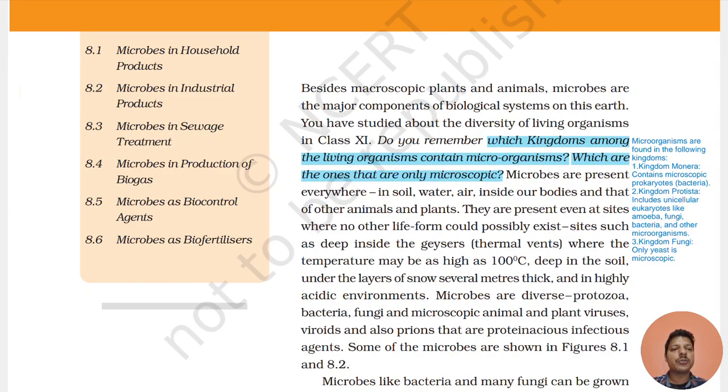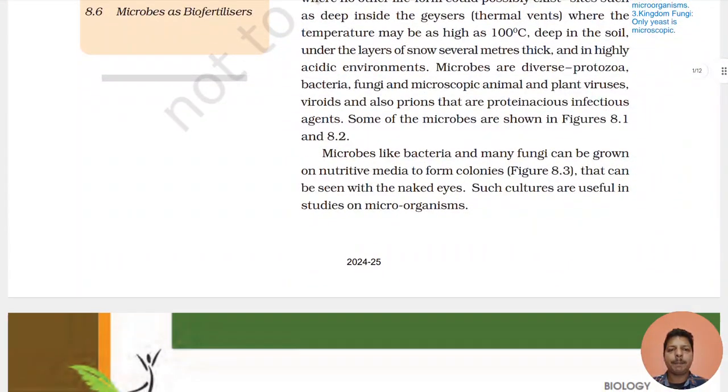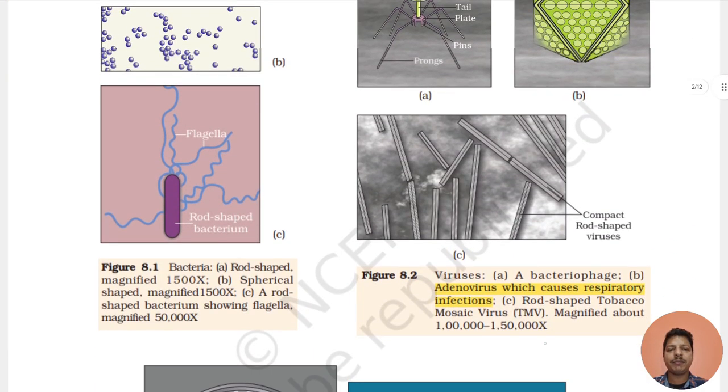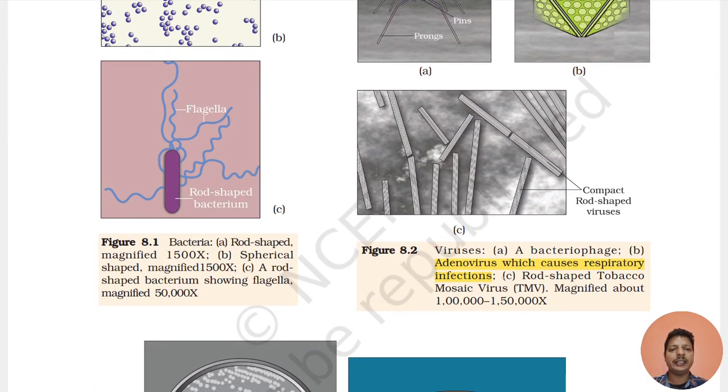Kingdom Protista includes unicellular eukaryotes like amoeba and other microorganisms. And in Kingdom Fungi, only yeast is microscopic. The diagrams we have already seen in that PDF. As I told you, a question is asked about adenovirus, which causes respiratory infections. Remember.